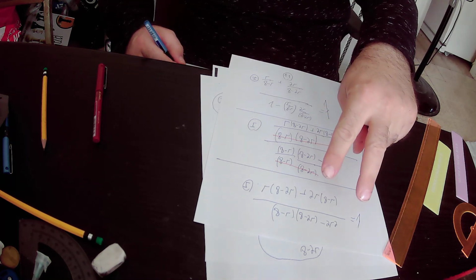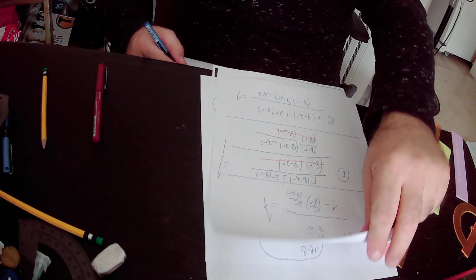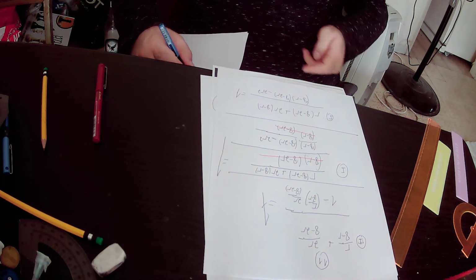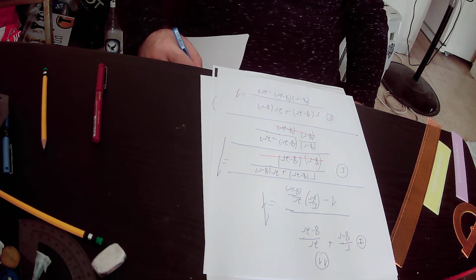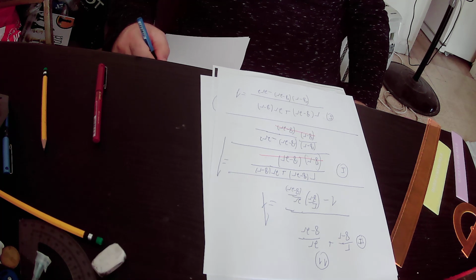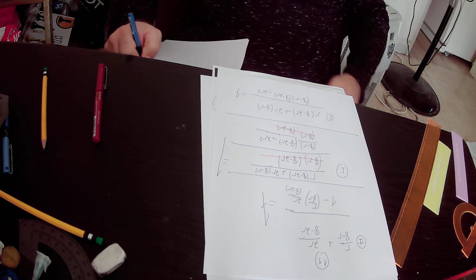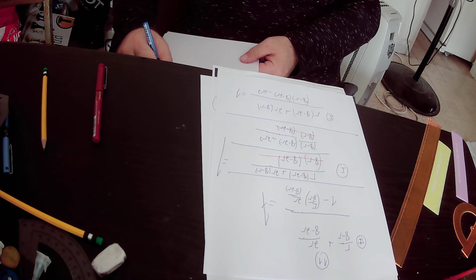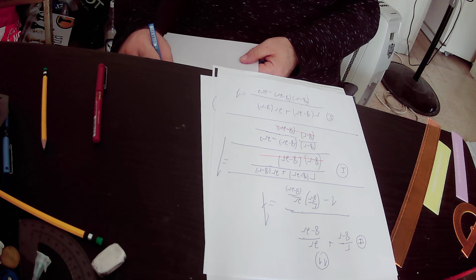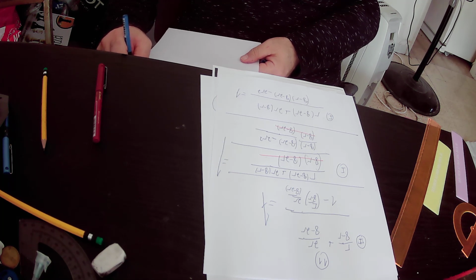So we will get that r times 8 minus 2r plus 2r times 8 minus r equals to 8 minus r times 8 minus 2r minus 2r squared.